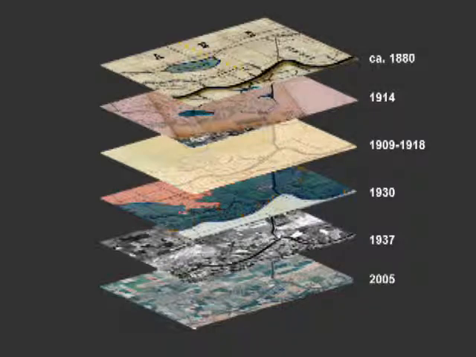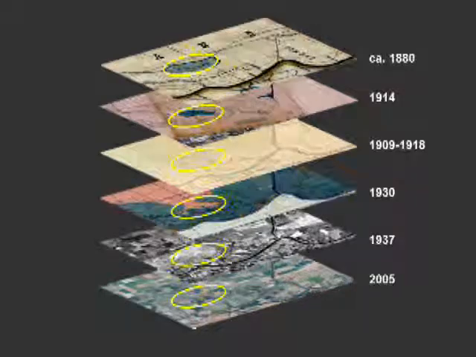This is one example, actually looking at the Yolo Basin, and you can start to see with these multiple sources, it's an iterative process of source intercalibration where you start to recognize patterns. In one map, something might pop out because you saw a pattern in a different map or a different description. This is an example of a single feature, a lake in the Yolo Basin, where we start to recognize and map that feature.